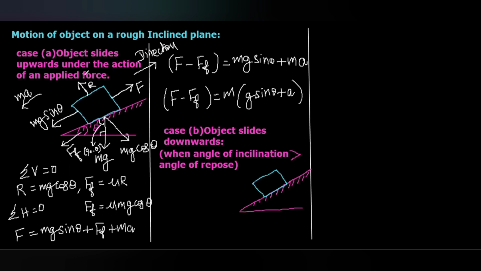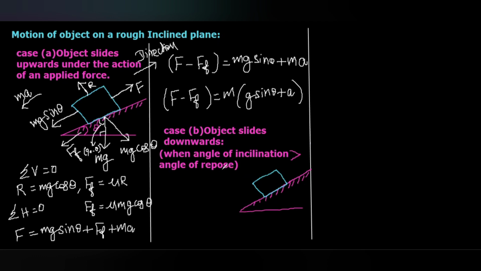Okay, here you can see, to move the object upwards over an inclined plane, definitely we need an external force. But the object will slide downwards even without the action of any applied force when the angle of inclination is greater than the angle of repose.